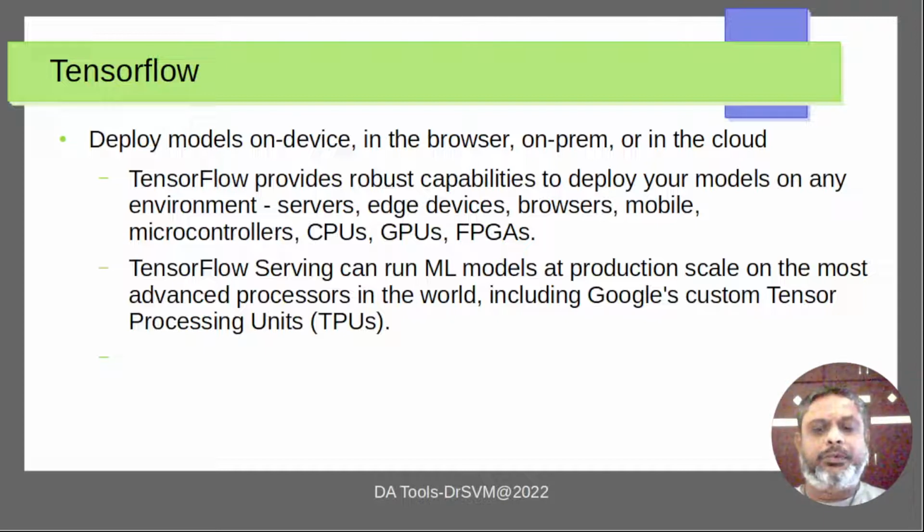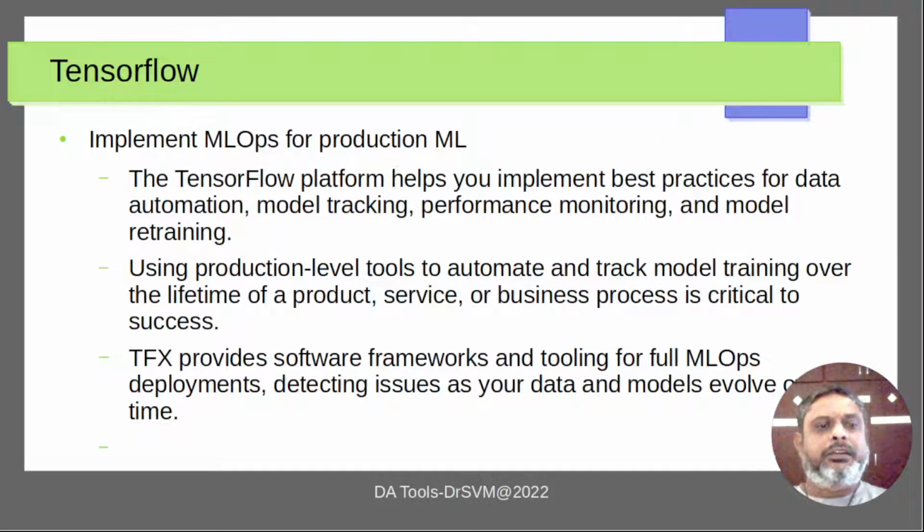TPUs contribute much and make the process much faster because it's being done on the Google cloud, and multiple TPUs may be working together in parallel. TensorFlow allows us to implement machine learning operations in production. The TensorFlow platform helps one to implement best practices for data automation, model tracking, performance monitoring, and model retraining.